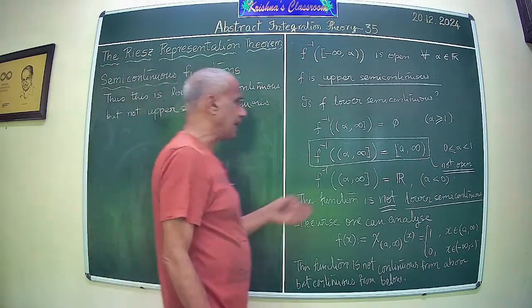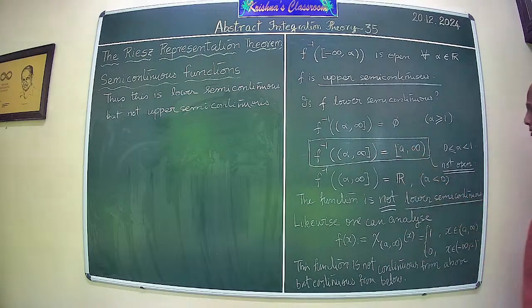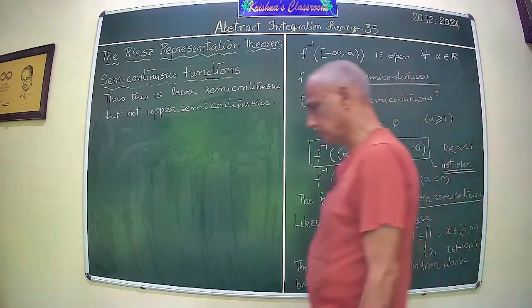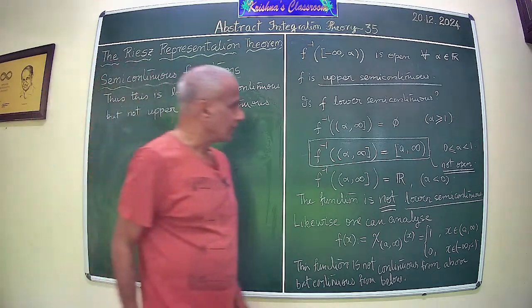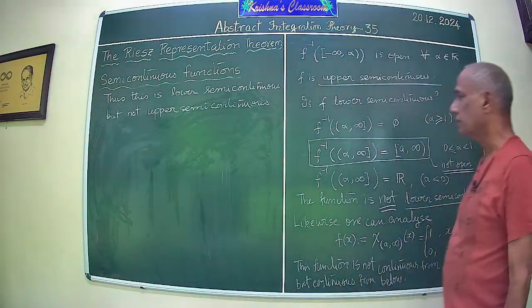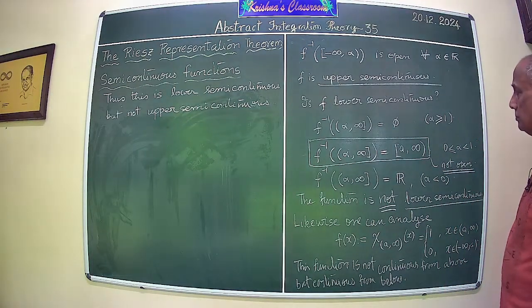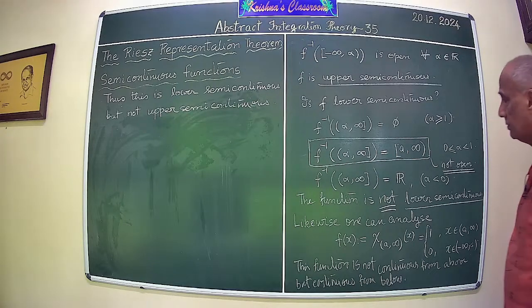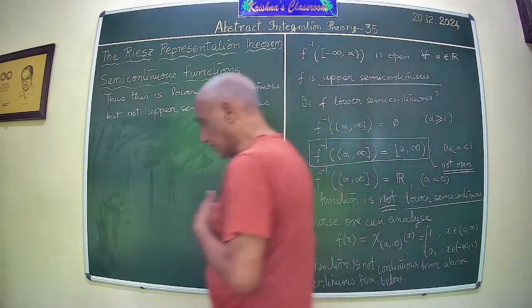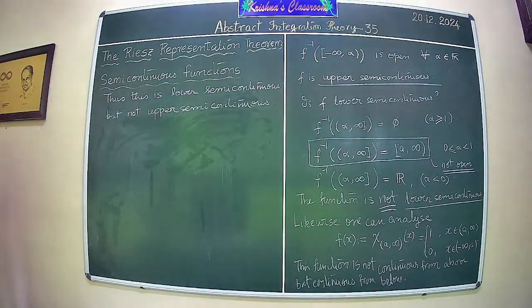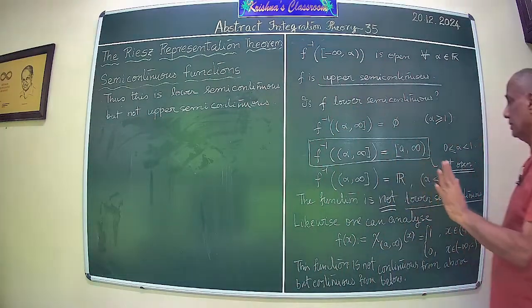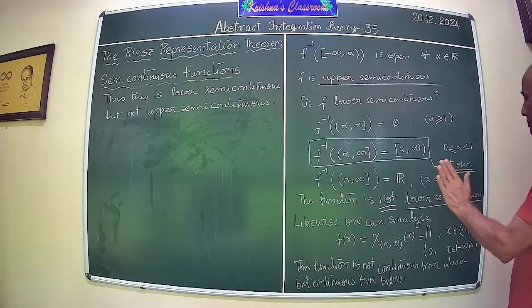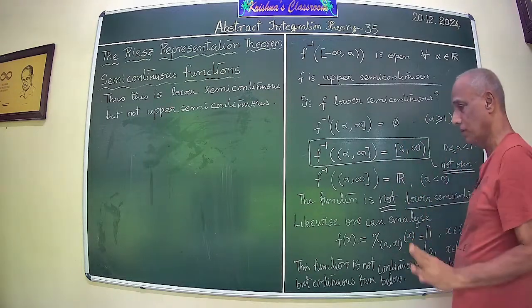I am not repeating the argument by writing down the F inverse of alpha infinity and F inverse of minus infinity alpha in this case, because they can be done exactly the same way, but taking proper care when alpha takes the value 1 or 0.